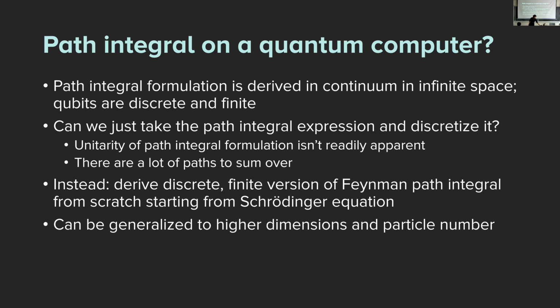And you can see that in the classical limit, if you take h bar going to 0, what you end up getting is a phase that oscillates a lot. And by the stationary phase approximation, because of all the phase cancellation from all the other paths, the most dominant paths in this expression will end up being the stationary points of the phase, which gives a very natural classical limit to quantum mechanics.